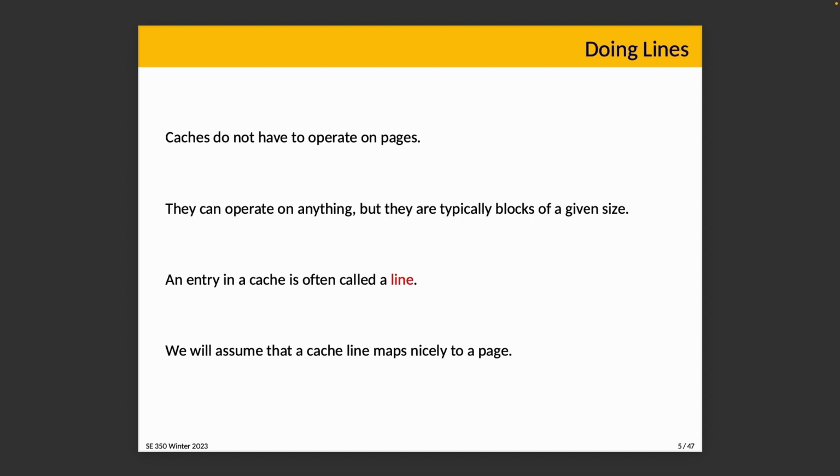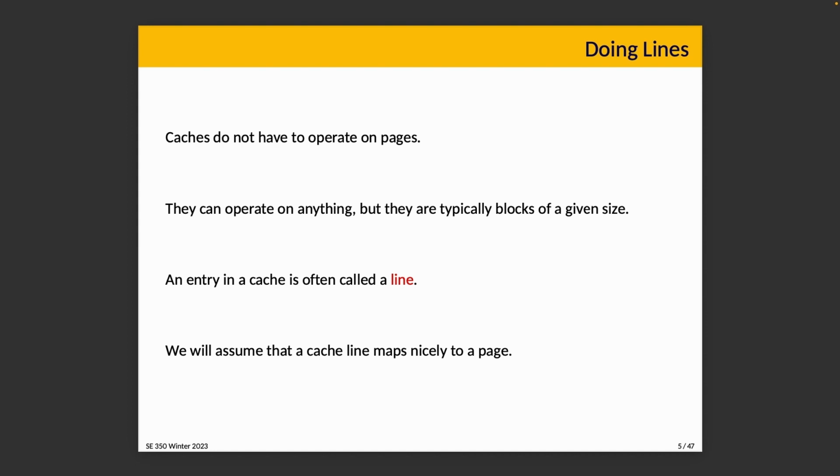Caches don't have to operate on pages. As I talked about previously, you could have caching around companies or around data elements or accounts or anything you can think of. But a cache typically operates on blocks of a given size. An entry in a cache is often called a line, so we talk about cache lines and cache storage.